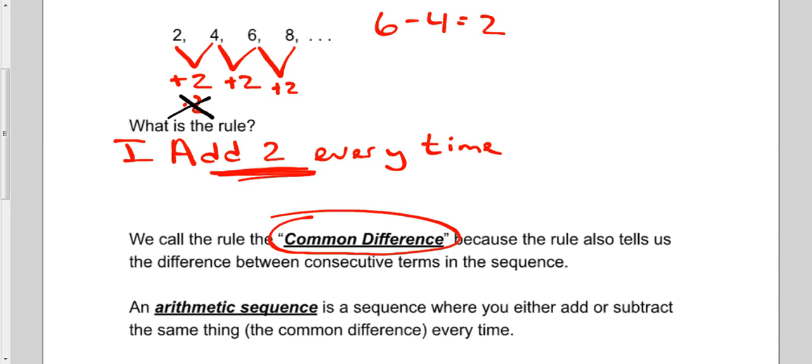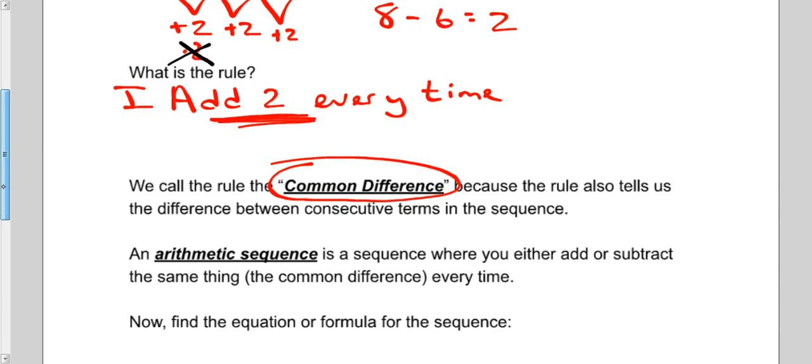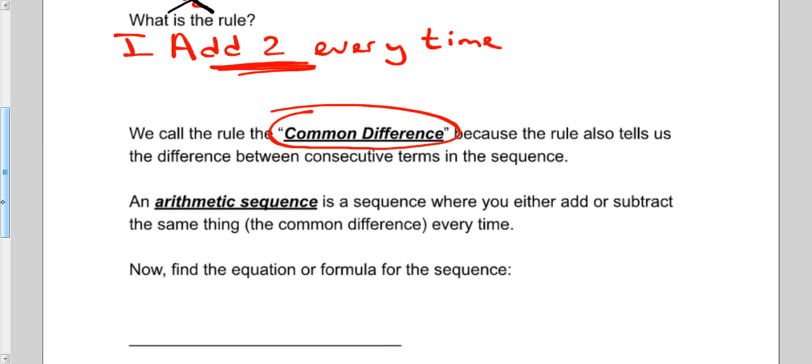And if I take 8, this term, minus this term, I get 2. So that is the difference, okay? It tells us the gap between consecutive terms, okay?